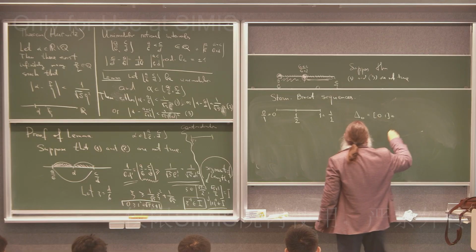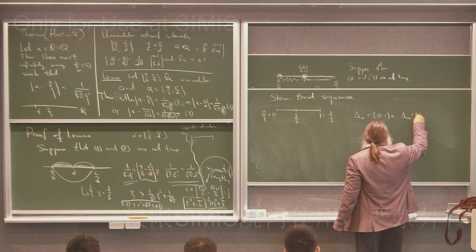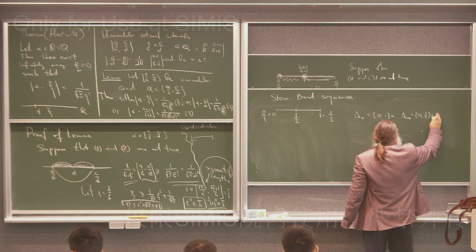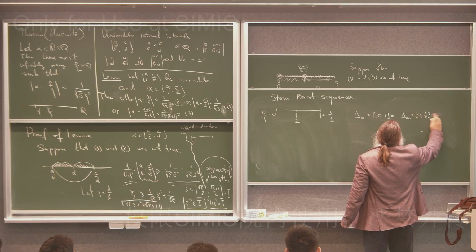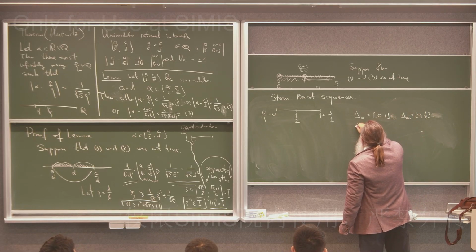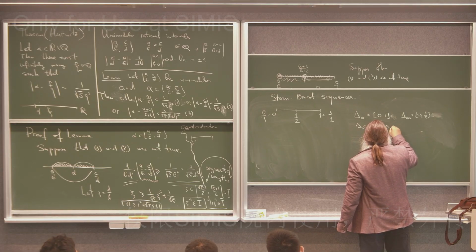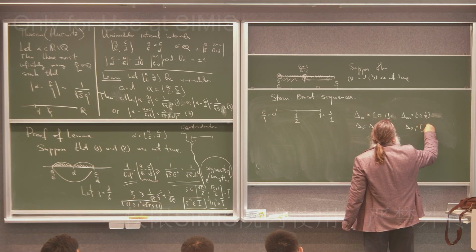It is a union of two intervals, delta 0,0 and delta 0,1. And delta 0,1 is 1/2, 1.